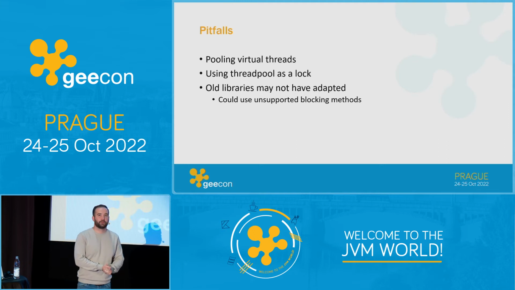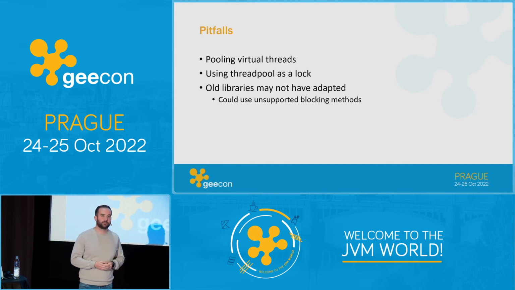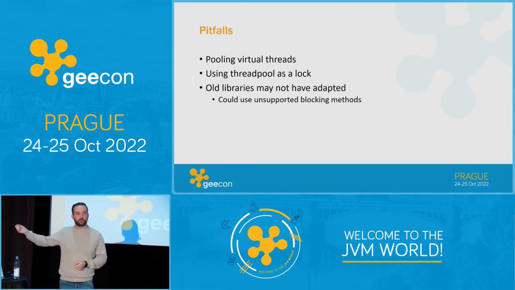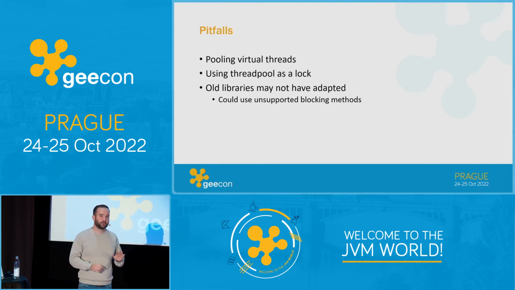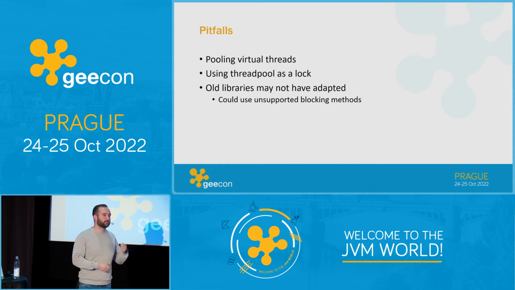Let me explain this with an example. For example, you have this current executor service that uses 5 platform threads, and you submit tasks to it to call this external system. So at any point in time, you will only have 5 concurrent connections to this external system. But with virtual threads, if you submit a task, the carrier thread will start running.